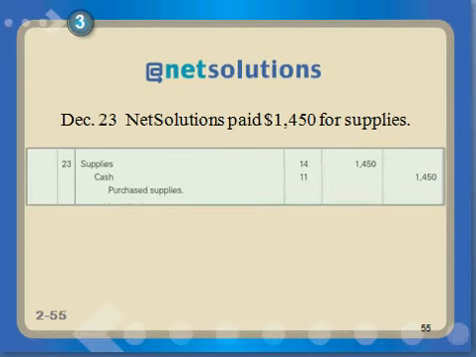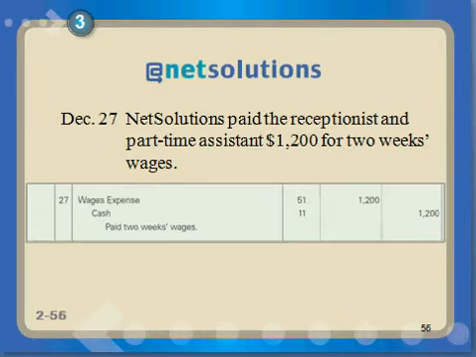Then Net Solutions paid $1,450 for supplies. So we debit the supplies asset account, $1,450, credit to cash, $1,450, purchase supplies. On November the 27th, Net Solutions paid the receptionist and part-time assistant $1,200 for 2 weeks' wages.